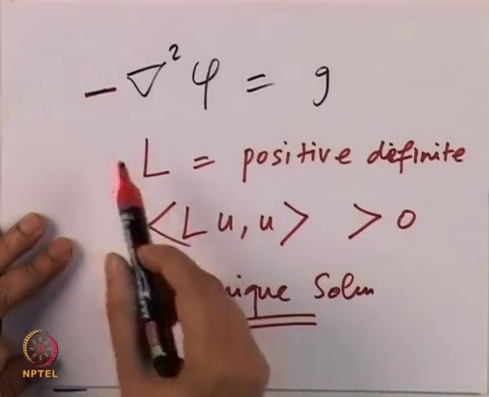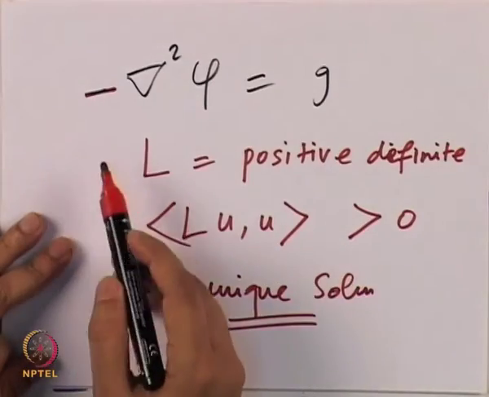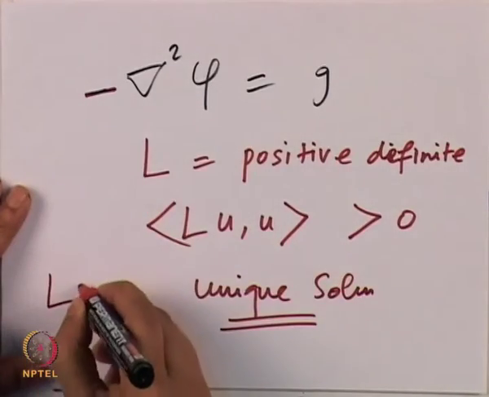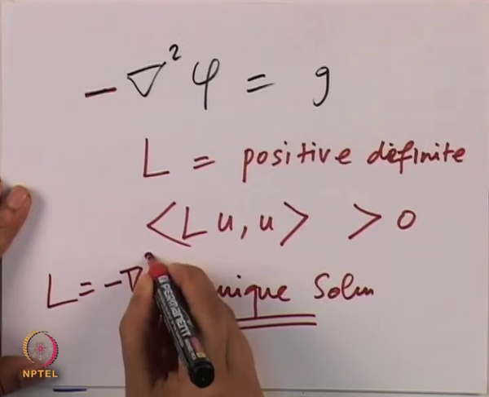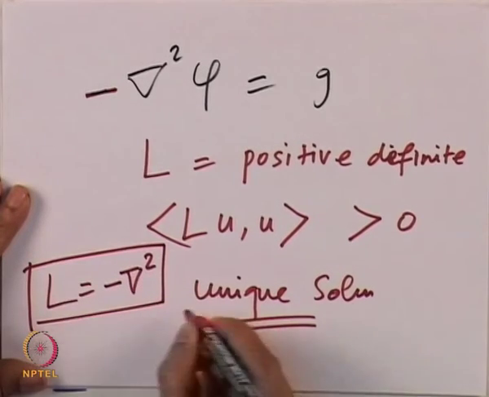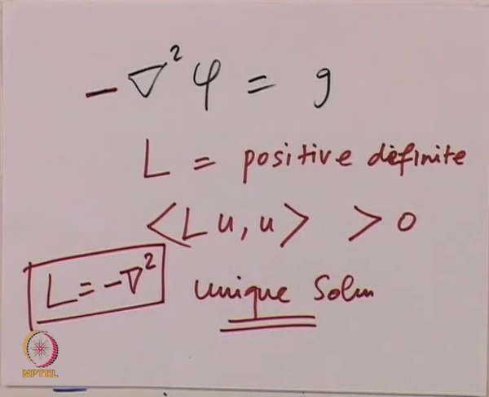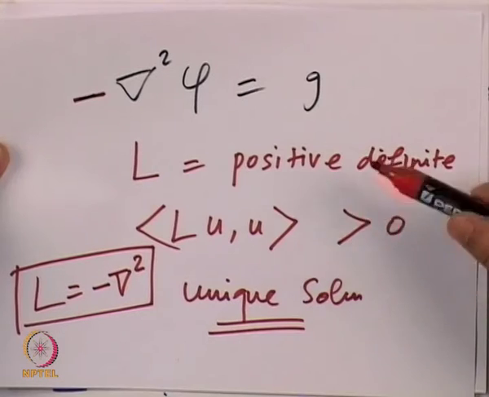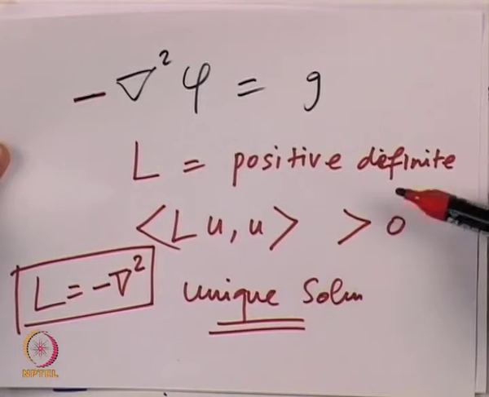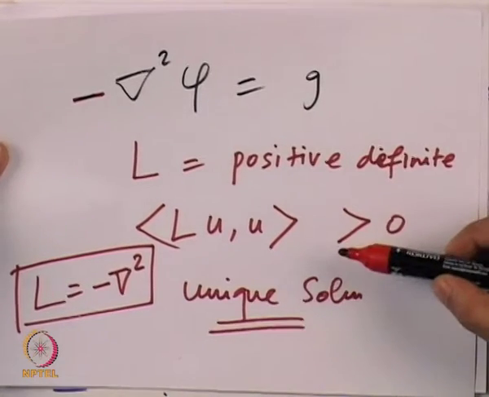So the reason I have put a minus here is to make the operator L = minus nabla squared a positive definite operator. That's the reason for this minus. It's not that important, but it's important for you to know the reason behind it, which is to get a nice function and the uniqueness of the solution.